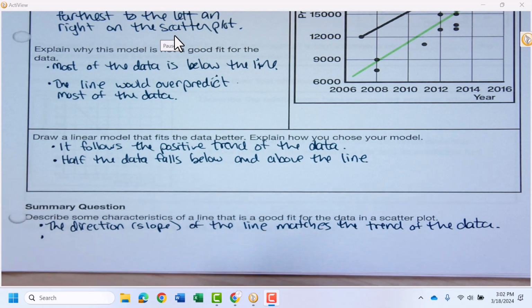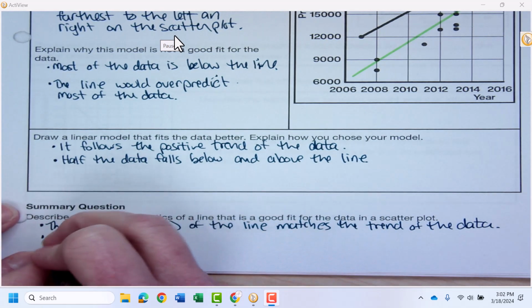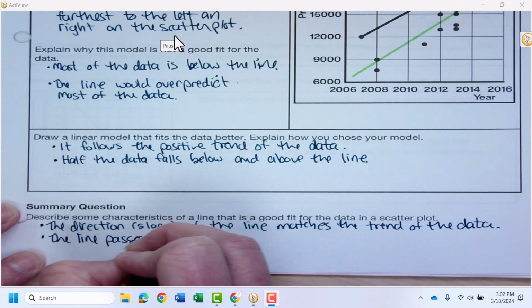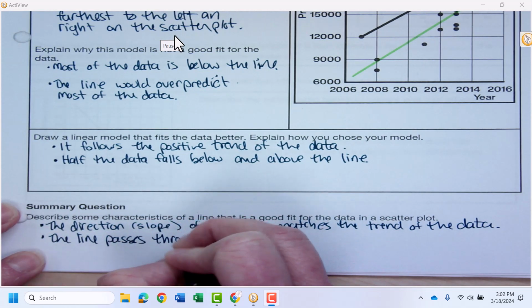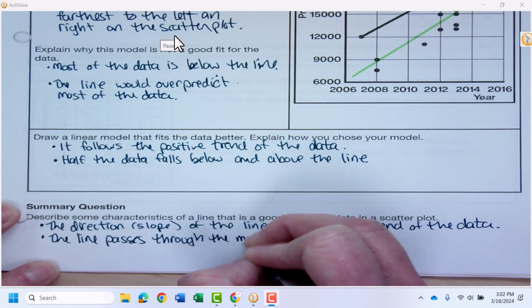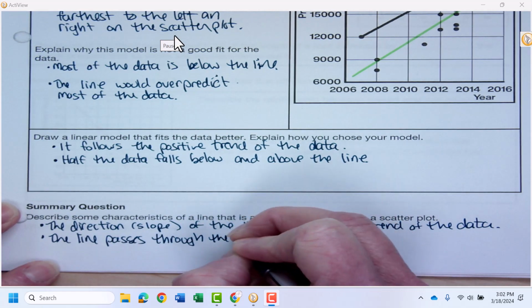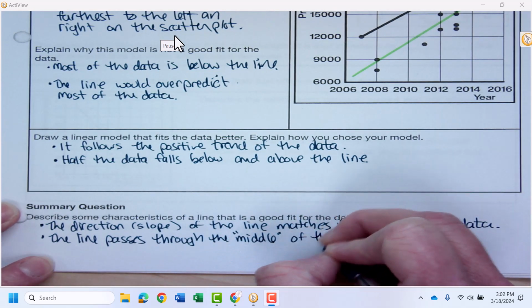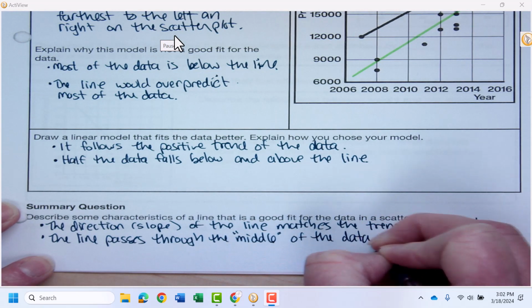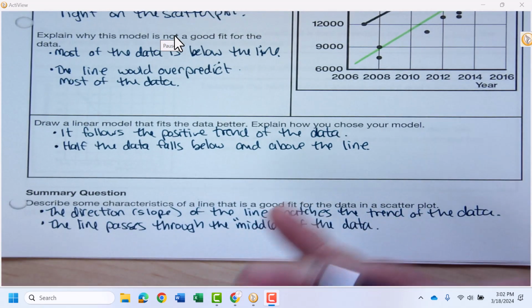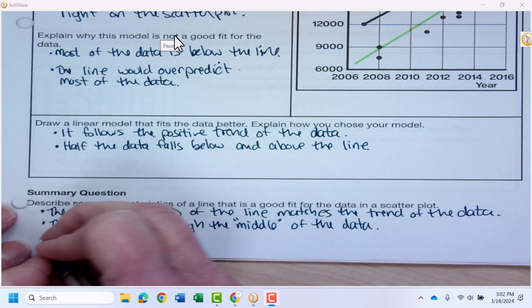Secondly, the line passes through the middle of the data, so that about half is above and half is below the line. And the points are as close as possible to the line.